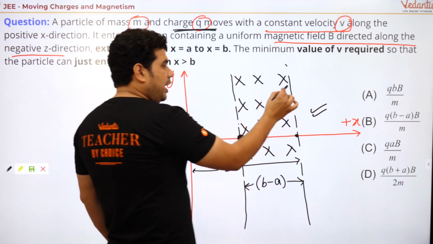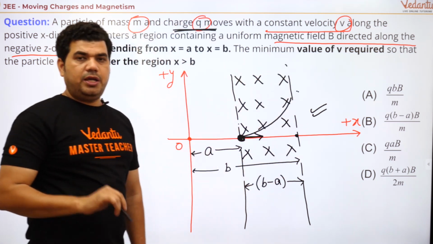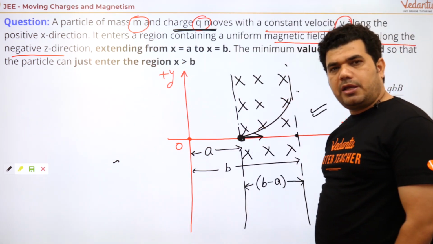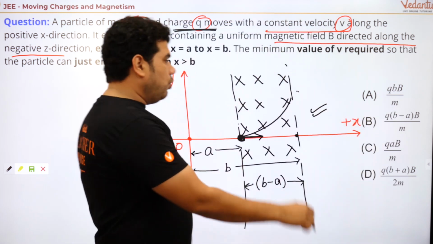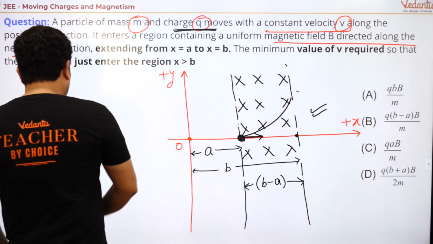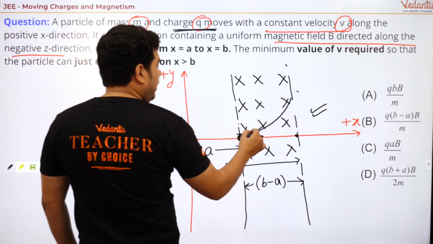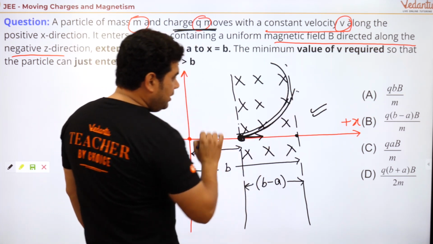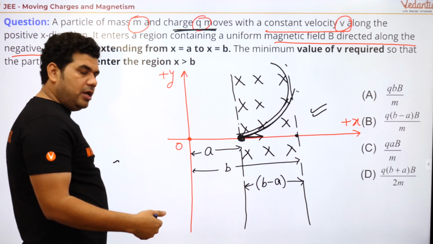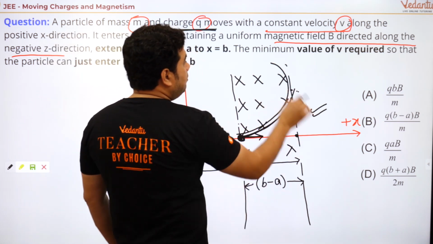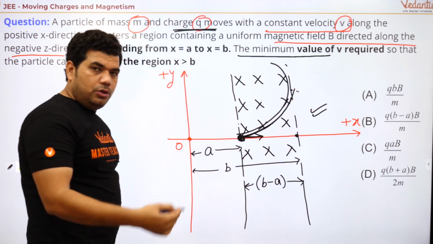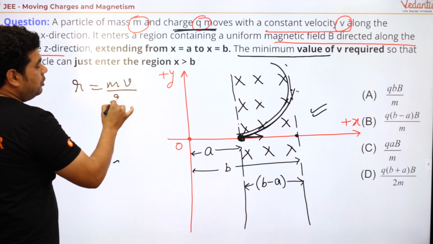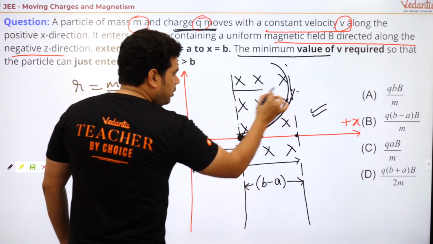Okay, now if it has to reach here, the question is the minimum value of v required so that the particle can just enter the region x greater than B. यानी x greater than B यहां जाना चाहता है। अगर ऐसा हुआ कि इसका सर्किल इधर बन गया, तो ये यहां से ऐसे निकल आएगा, और अगर जस्ट इसकी रेडियस B minus A के इक्वल हुई, तो ये बाउंड्री कंडीशन में होगा। हमसे मिनिमम पूछा गया है, तो हम बाउंड्री कंडीशन लेंगे। R is equal to mv upon qB. What should be the R? Should be this length.